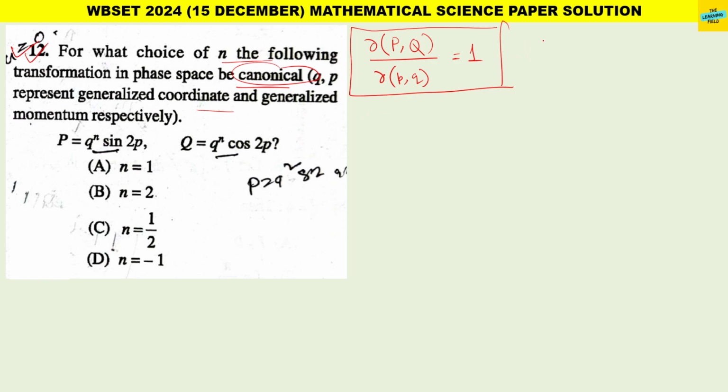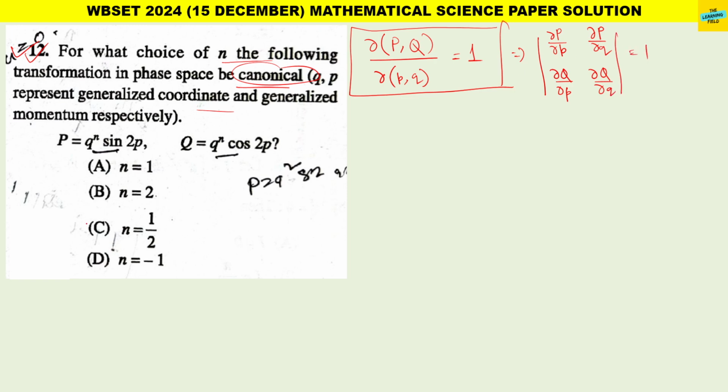So what does this mean? This means ∂P/∂p, ∂P/∂q, ∂Q/∂p and ∂Q/∂q, the determinant is equal to 1.